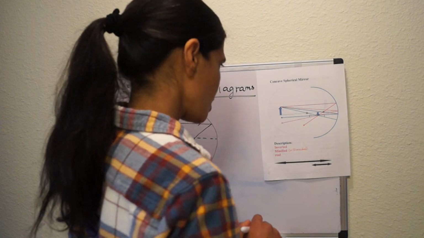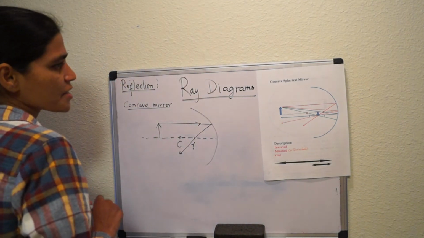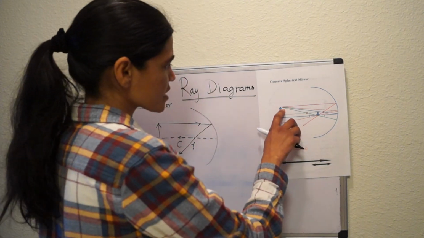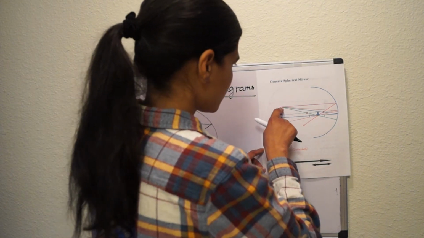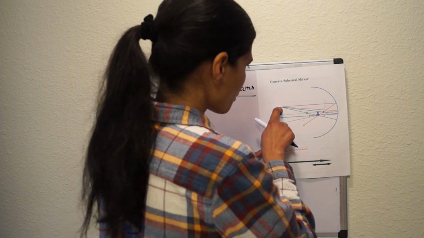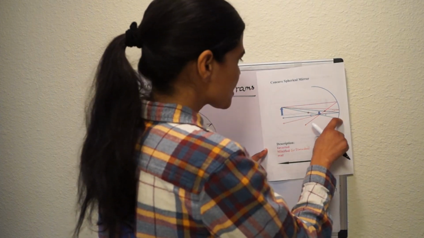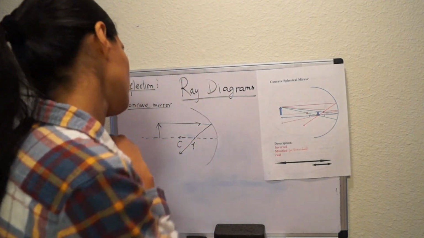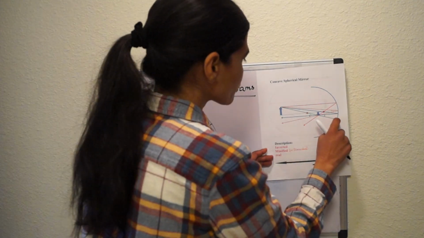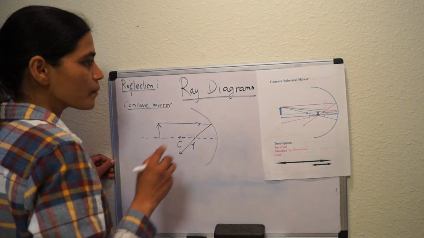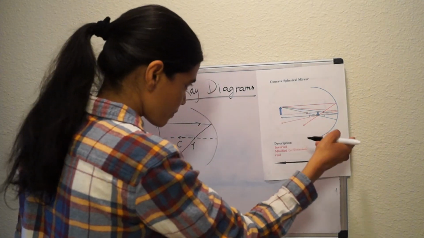the radial ray. Okay, so the radial ray is basically, in this case, this one here. It's passing through the center of curvature, and it doesn't reflect back at all. Okay, it reflects back through the same direction, same line.